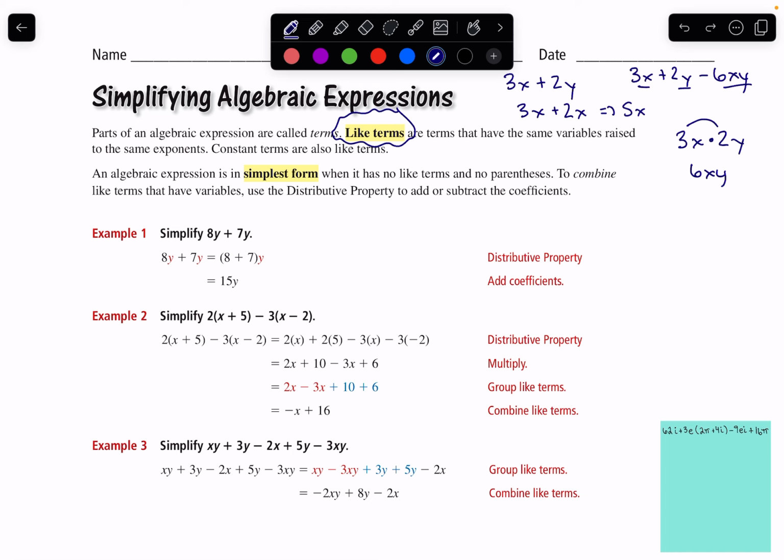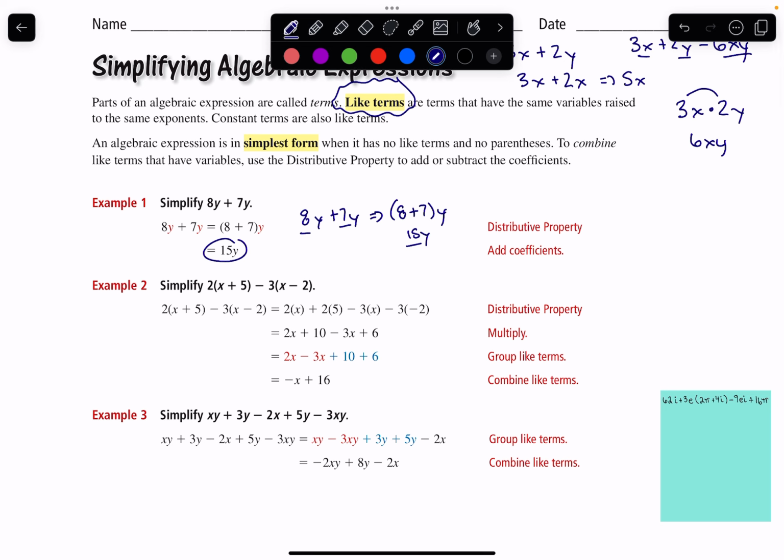We're never going to show you take the 8y and the 7y and you factor out y to get 8 plus 7 in a parenthesis and a y on the outside and then add them together. Nobody does that. We know that that's what we're doing, but we just shorthand it and we just take the 8 and the 7, add them together to get the 15 and then put the y on the back end of it, okay?